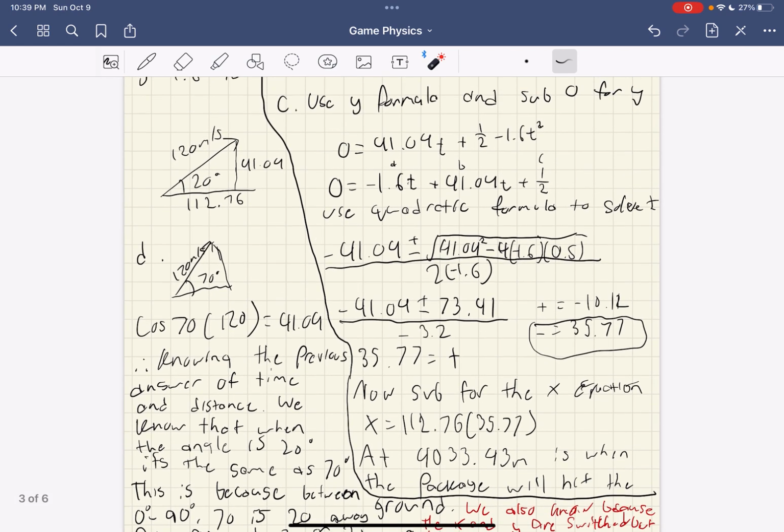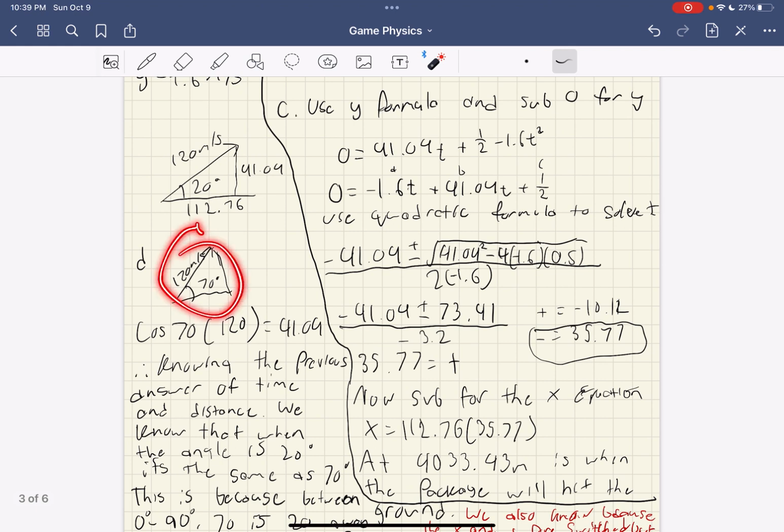D, I go through the explanation here, but 70 degrees will result in the same distance as 20 degrees, as the x and y will just be flipped, knowing that 45 is the midpoint of degrees, and that will result in the maximum distance we can create. It will allow us to know that when it's 70 degrees, that's just 20 away from 90, and 20 degrees is just 20 away from 0, and they both have the same distance to 45.